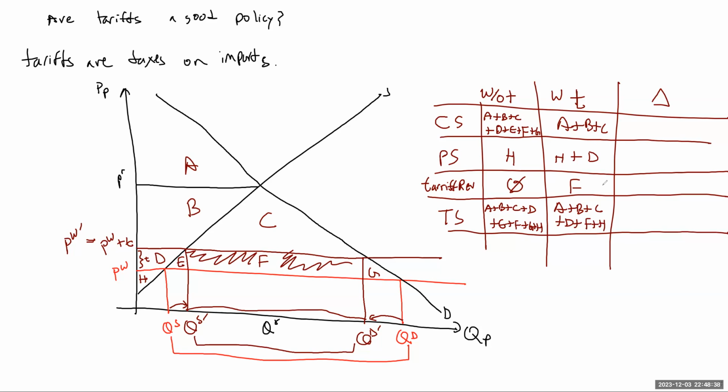So let's see what happened to consumer surplus. They lost minus D, minus E, minus F, minus G. What happened to producer surplus?